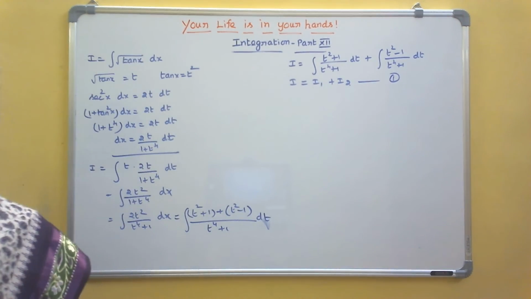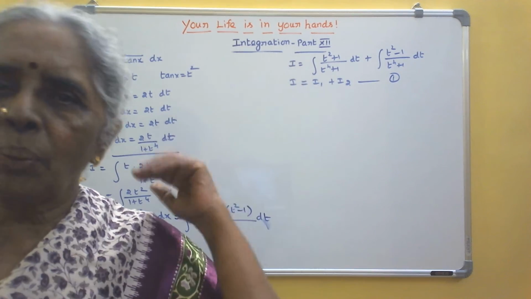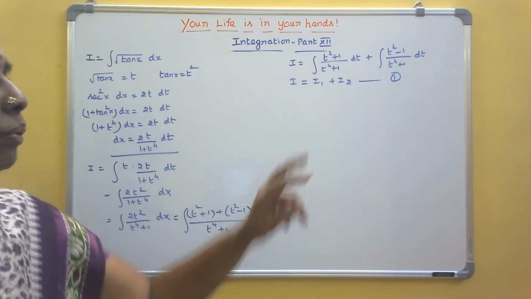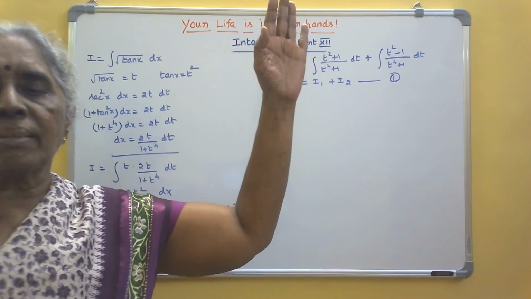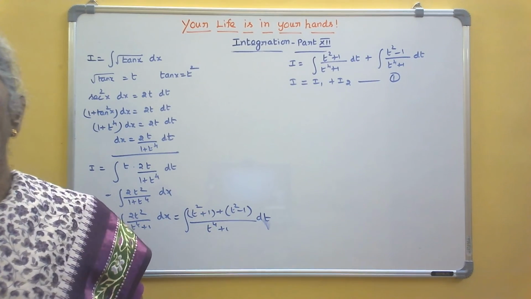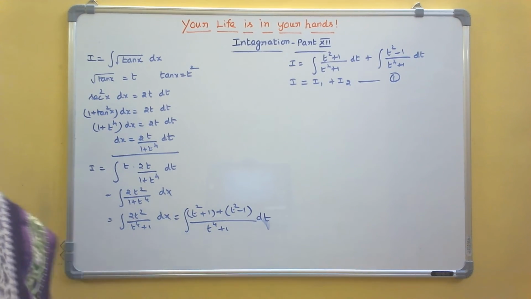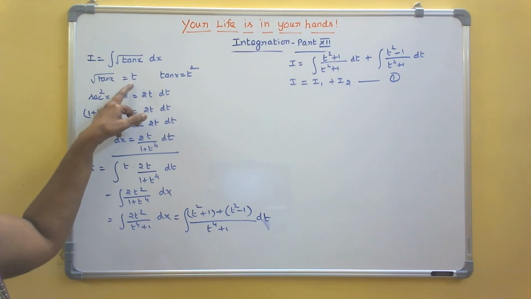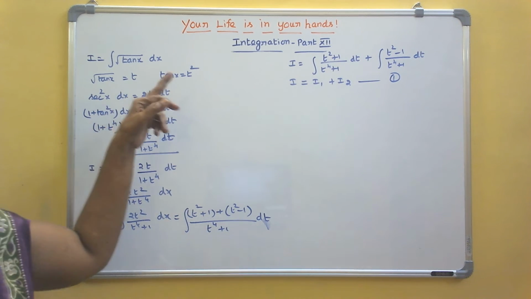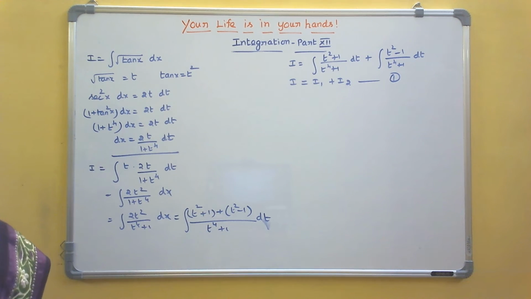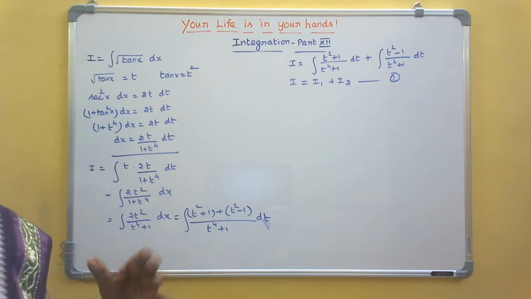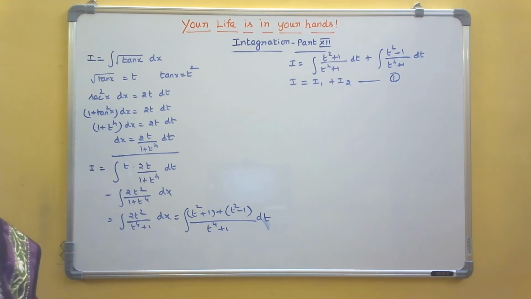Now we have come to that pattern what you learned, correct? So now this is a separate sum, that is a separate sum. Instead of x you are having a t, that's all. So here first substitution x in terms of t. Now there will be another substitution. So there will be two substitutions and you have to go back to x in the last step.